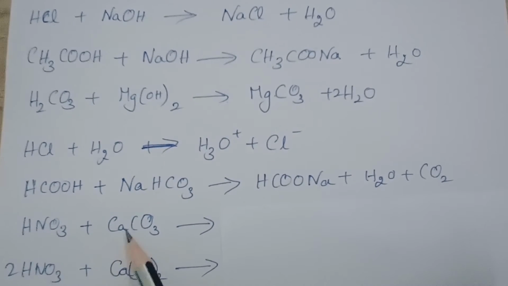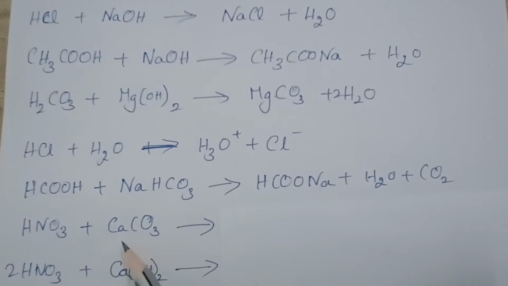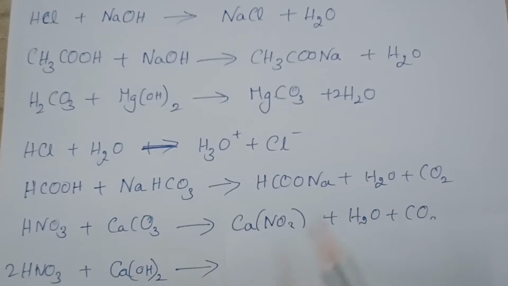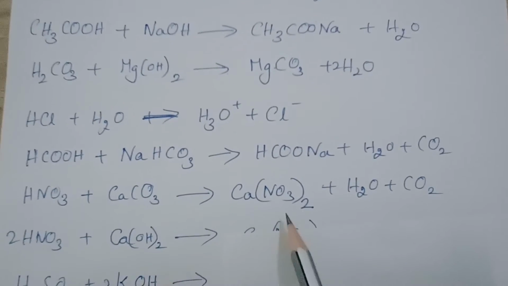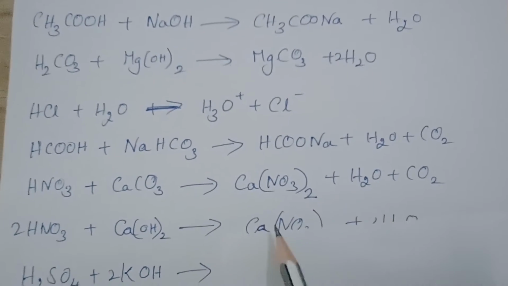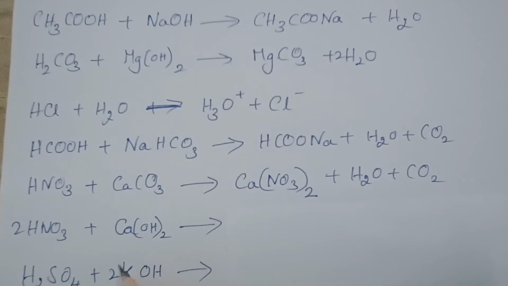Next one, acid plus metal carbonate gives salt plus water plus carbon dioxide, right? Nitric acid plus calcium carbonate gives calcium nitrate plus H2O plus CO2. Next, acid plus base.